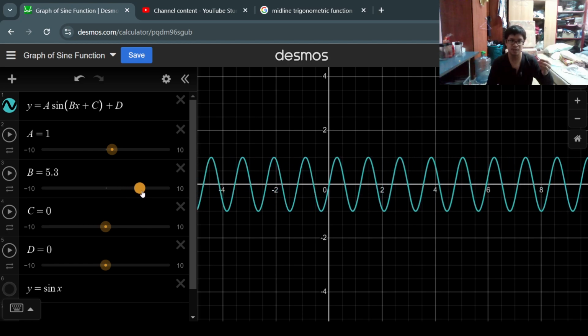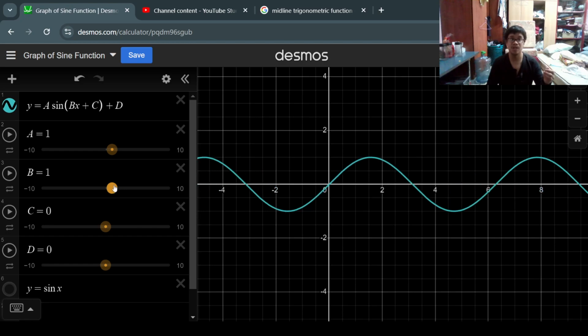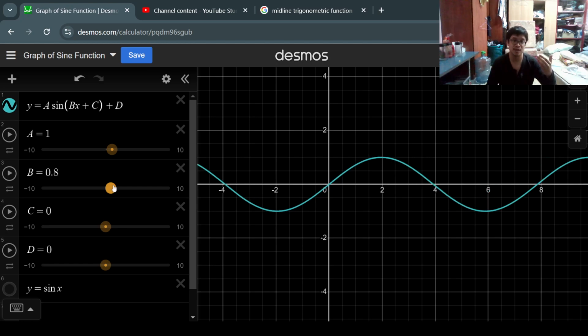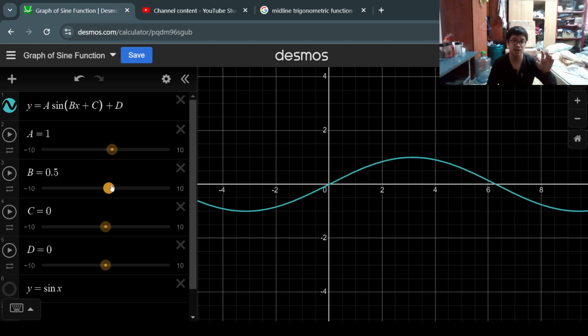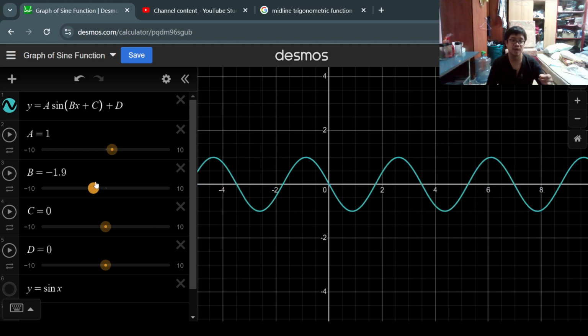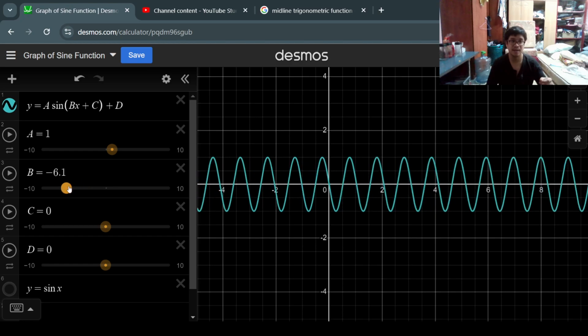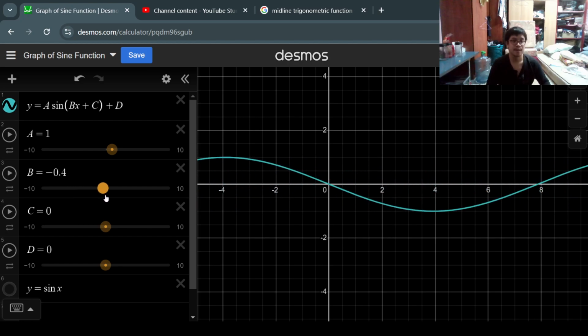But if you start from 1, then you decrease it and it approaches 0, it will look like this. It will stretch and stretch. Then once you reach 0, it's just a horizontal line. But if you keep on decreasing it even further, it will go back to stretching, but in reverse way. It will look like this. That's it.